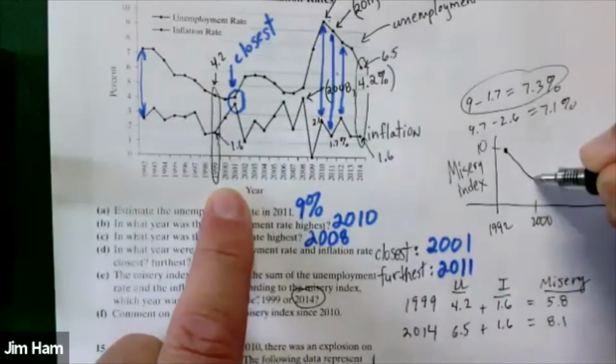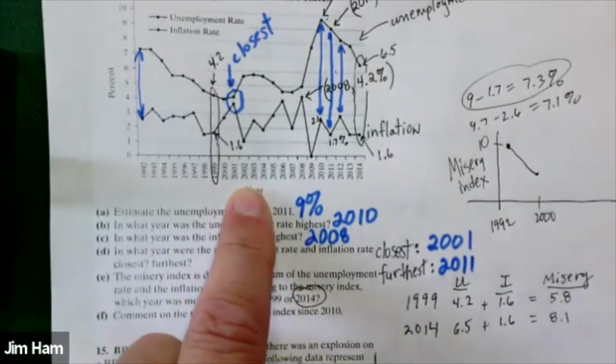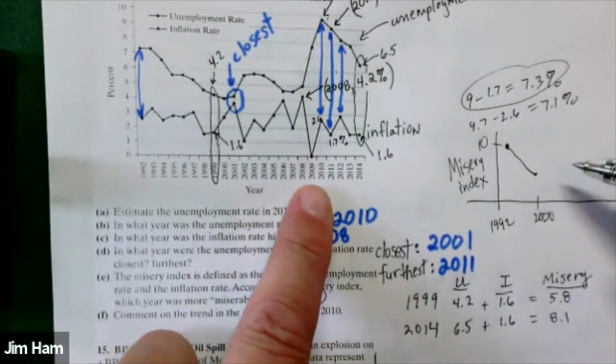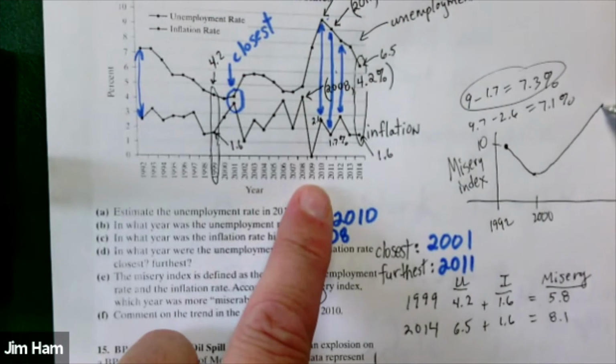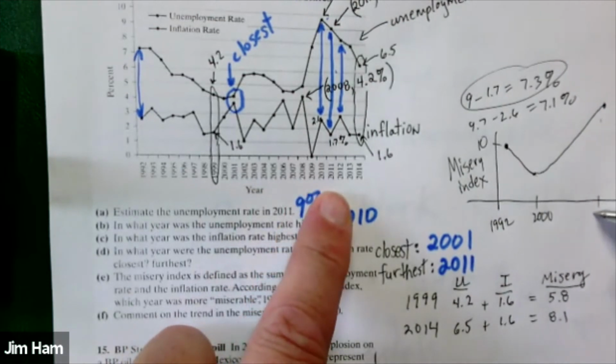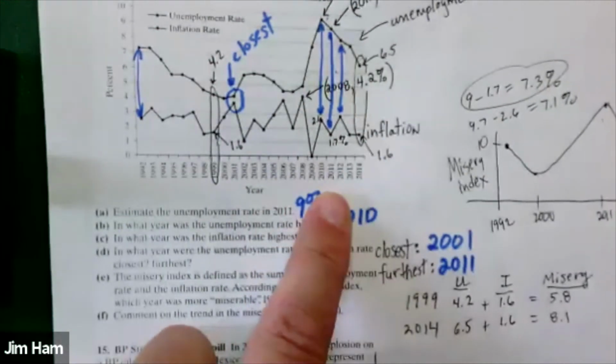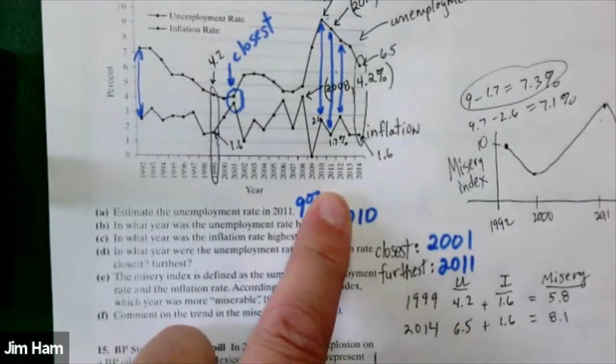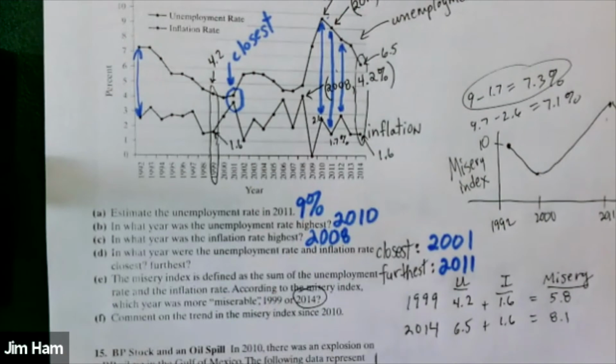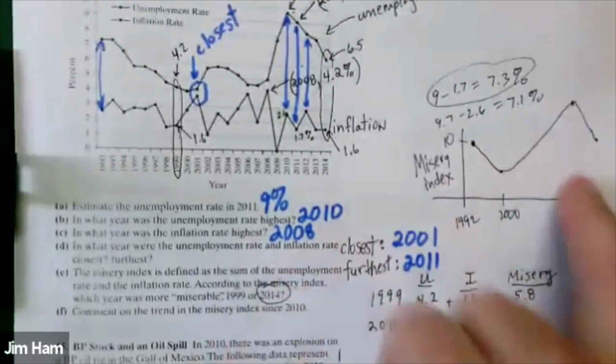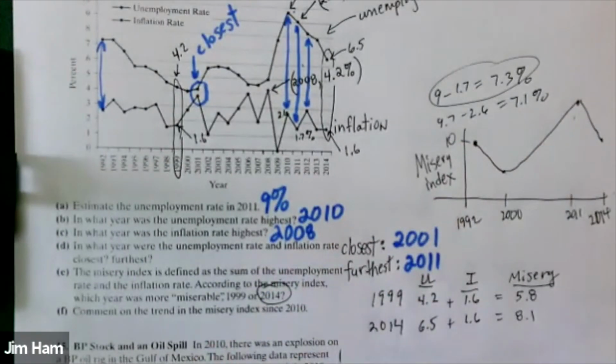Then it's going to go up probably till about 2011, and then go down for the last couple of years. So maybe this is what it looks like. This is just a ballpark. If you really wanted to get a better curve, then you should actually calculate the misery index in each case.